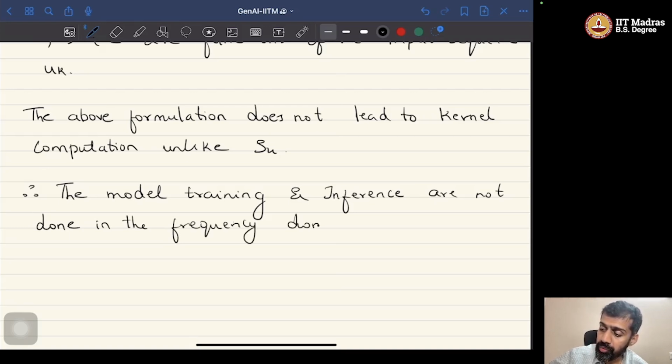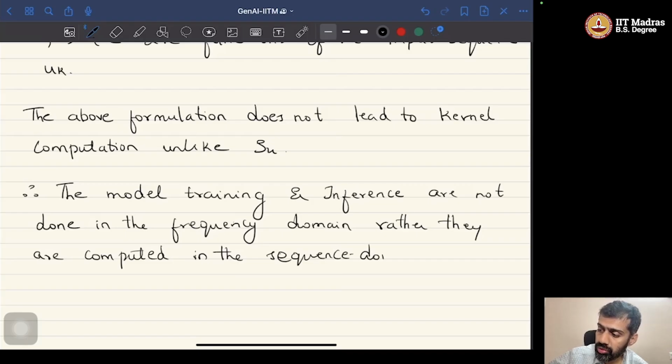Rather they are computed in the time domain or the sequence domain itself, using faster parallel scan algorithms.